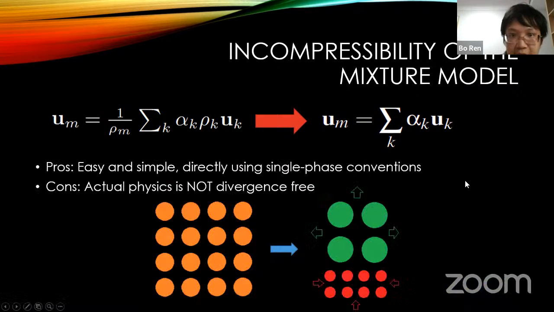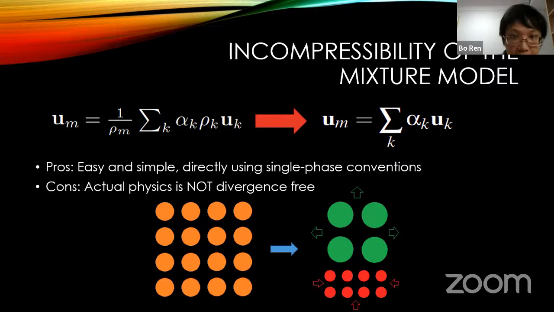But there's a problem. The advantage is that it is easy and simple, and directly uses single phase conventions of incompressibility. But the drawback is that this assumption is not very physical when we use the constant mass SPH.